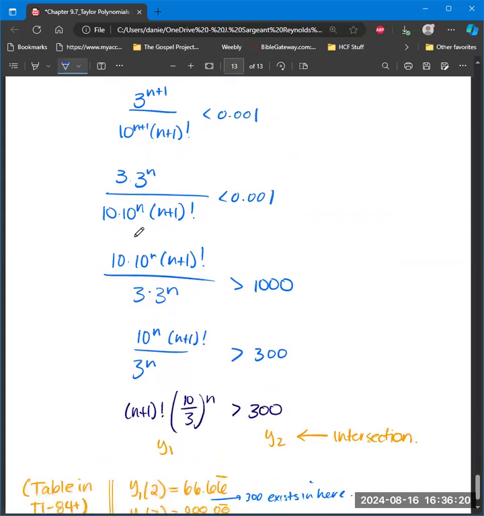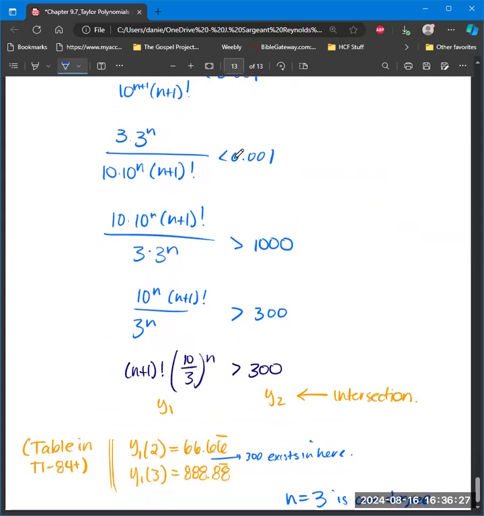So we're going to take the reciprocal here and switch the direction of the sign and get 1,000 over there, multiply by this 3 and divide by this 10 to get 300. And then we have n plus 1 factorial times 10/3 to the n needs to be greater than 300. Look for the point of intersection in your calculator, and you get that 300 is somewhere between 2 and 3.